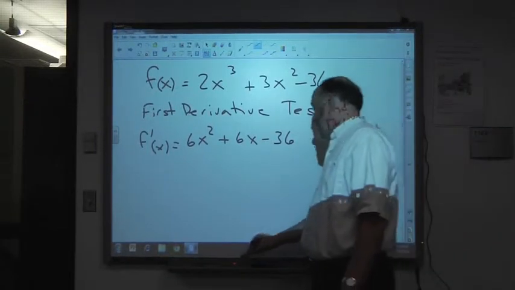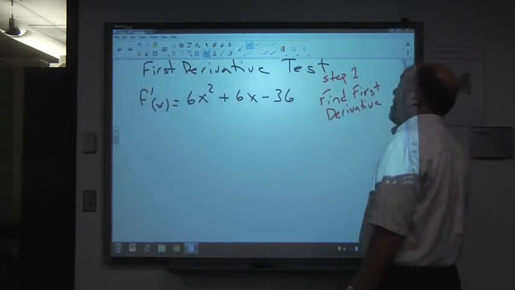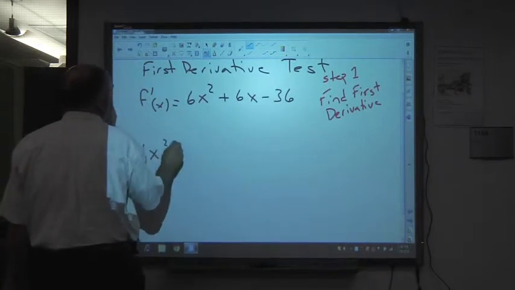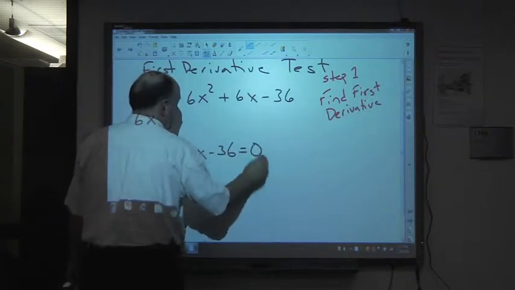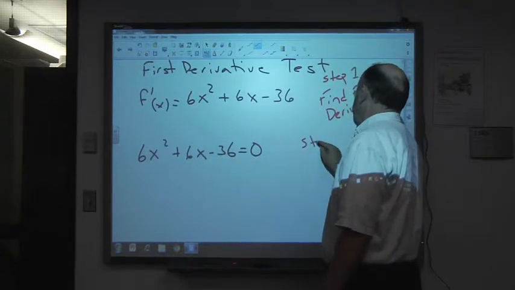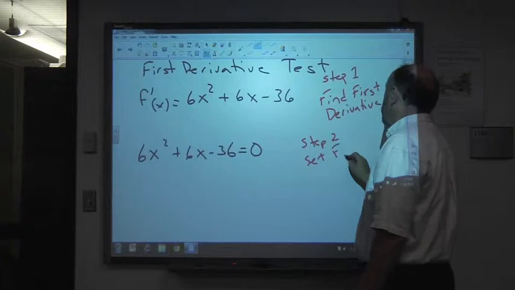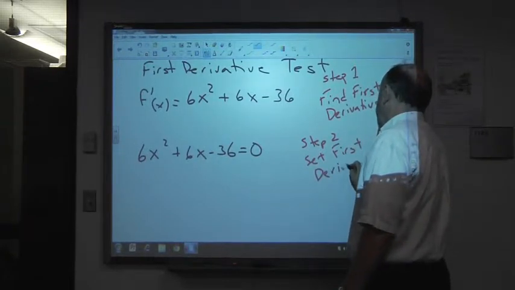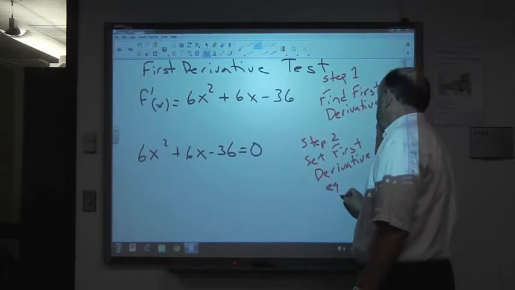Step 2: take the first derivative and set it equal to 0.